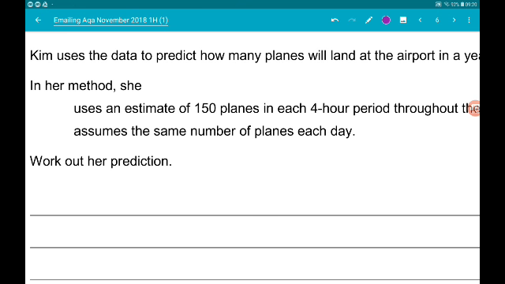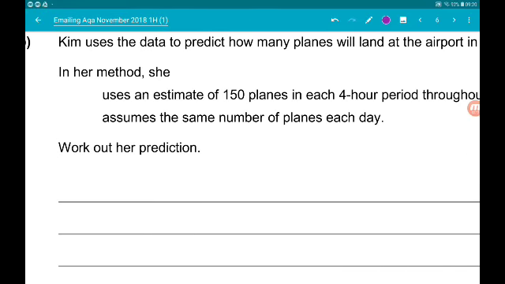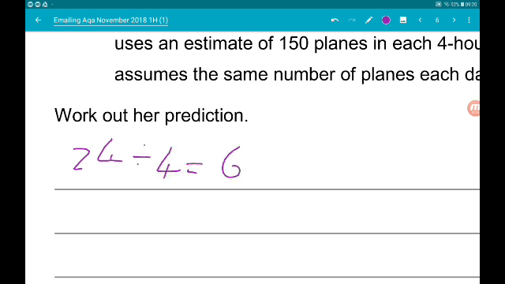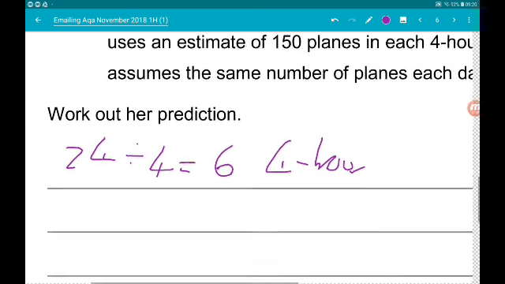We want to work out our prediction. Okay, so how many 4-hour periods are there in one day? So that's 24 divided by 4, which gives us 6 4-hour periods a day.